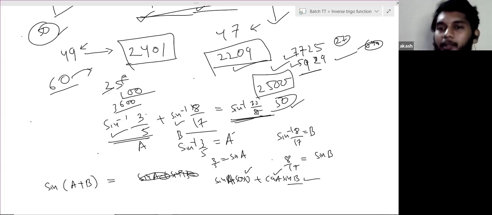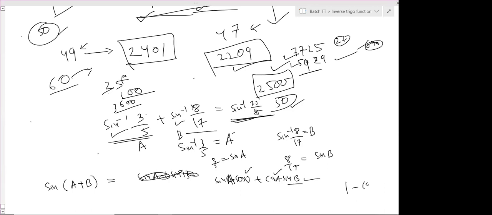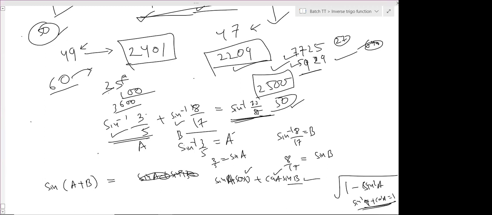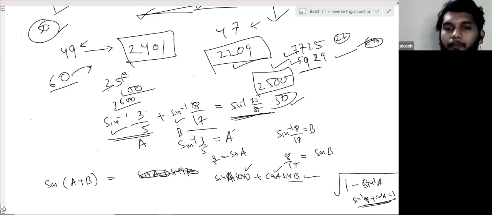If you have sine A, can you tell me the value of cos A? This identity, sine square A plus cos square A is 1, right? Or you can draw the triangle, whatever you feel good.